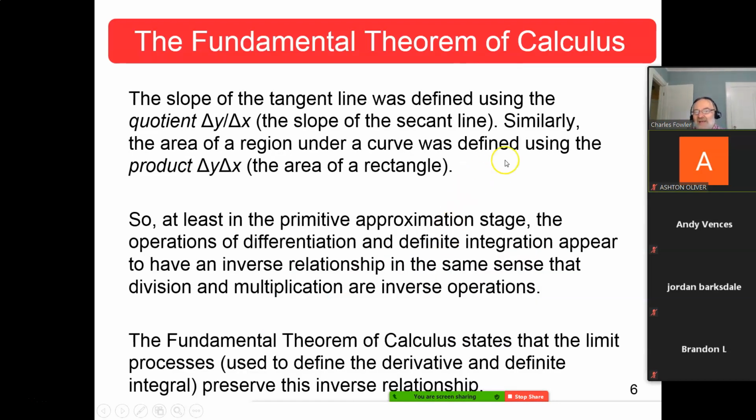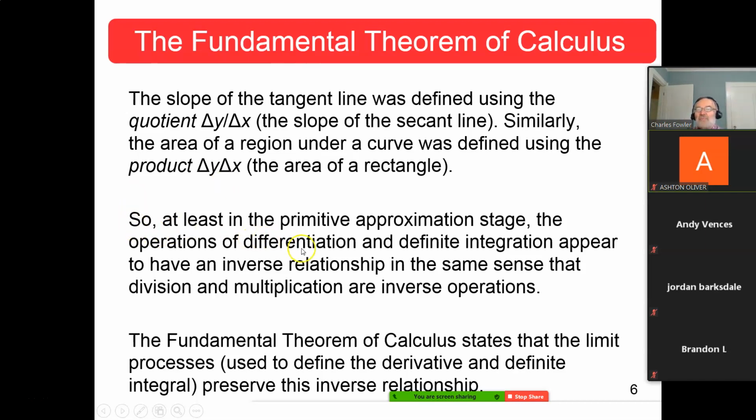The slope of the tangent line was defined using the quotient, delta y over delta x, slope of the secant line. Similarly, the area of the region under a curve was defined using the product, delta y times delta x, of your various rectangles. Then you go back and take limits.